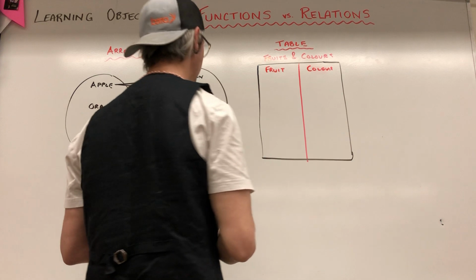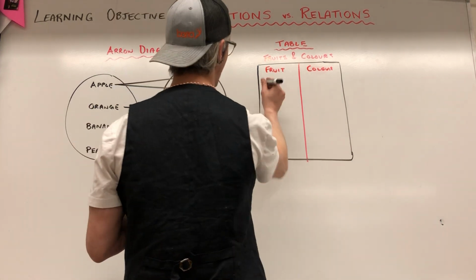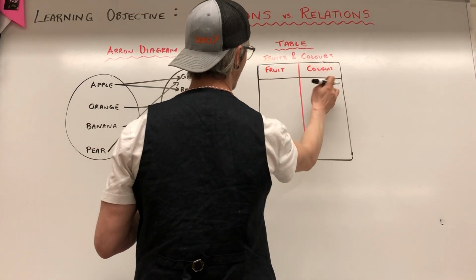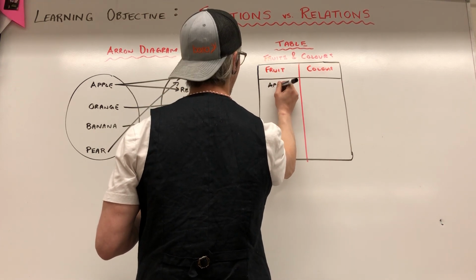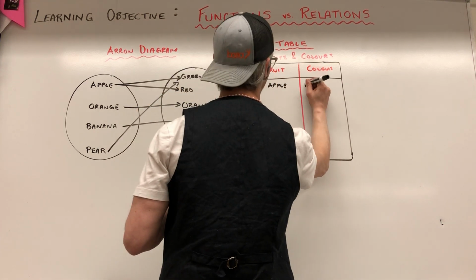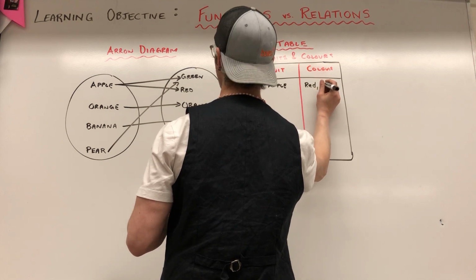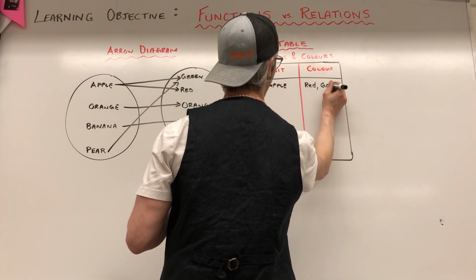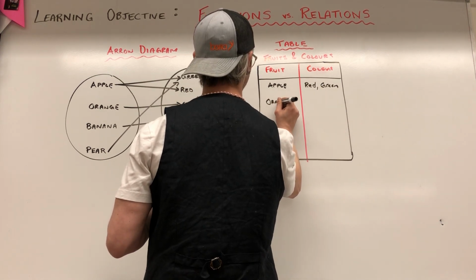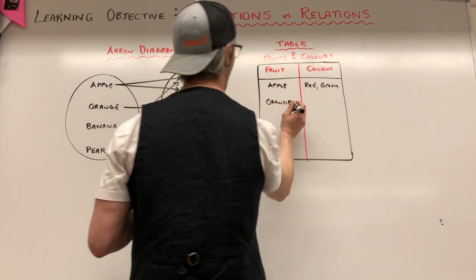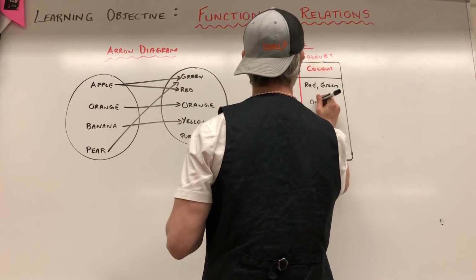In this method, each input is going to have all the outputs right beside it. So for apple, I would have red and green. For orange, I would have orange.